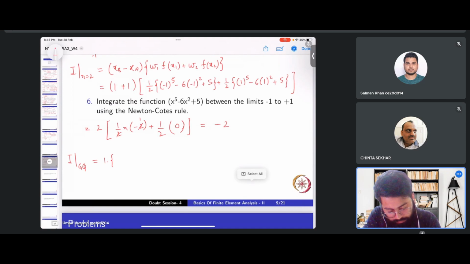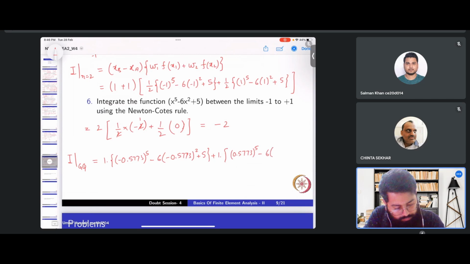So we have minus 0.5773 to the power 5, minus 6 into minus 0.5773 to the power 2 plus 5, and 0.5773 to the power 5 minus 6 into 0.5773 square plus 5. So these two terms would cancel out. One would be with negative sign, other would be with positive sign.